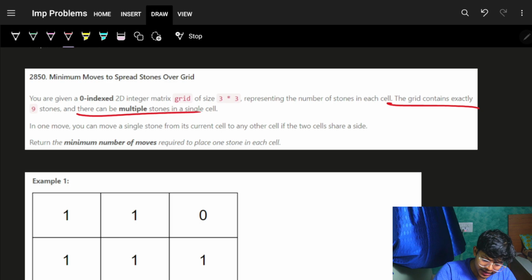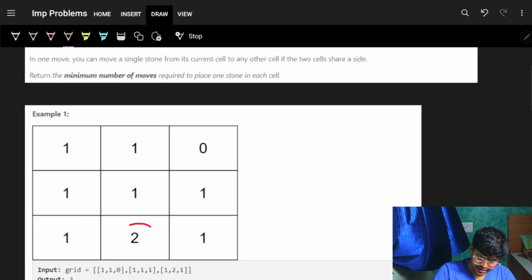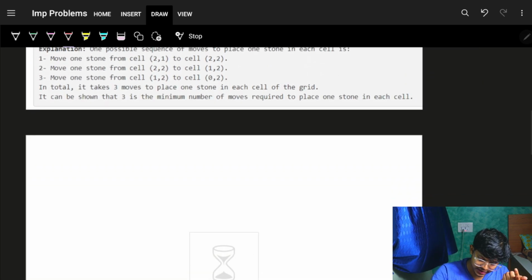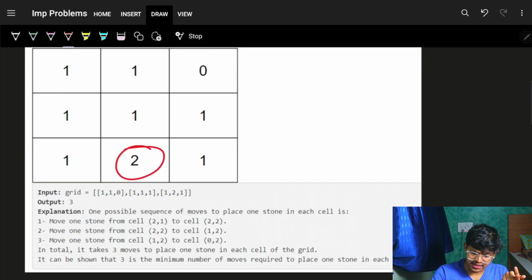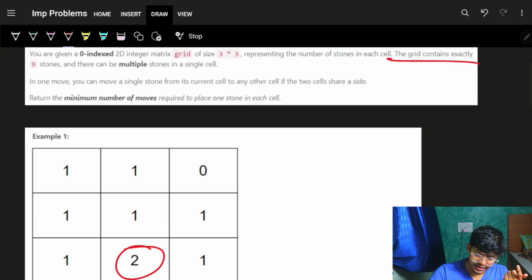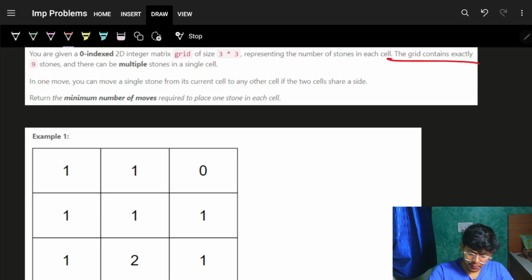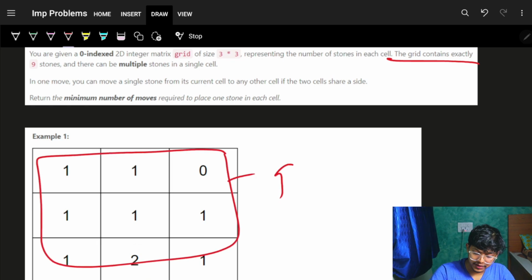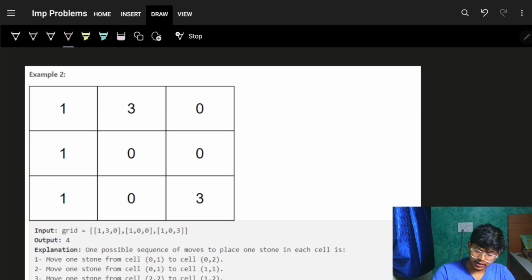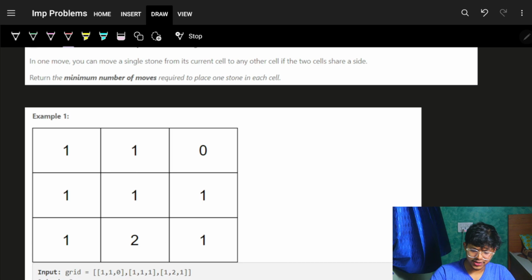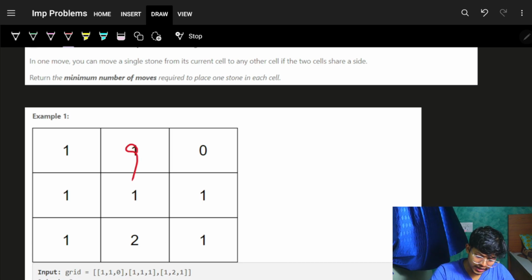Now there can be multiple stones in a single cell, which means as you can see that in this cell I have 2 stones, in this cell I have 3 stones, so there is a possibility that in a single cell they can have multiple stones, but in total in this entire grid I will have 9 stones, and the same goes for this grid, it will have 9 stones. And for sure, as you can see, the entire grid has 9 stones, so one cell can have at max 9 as a maximum value.